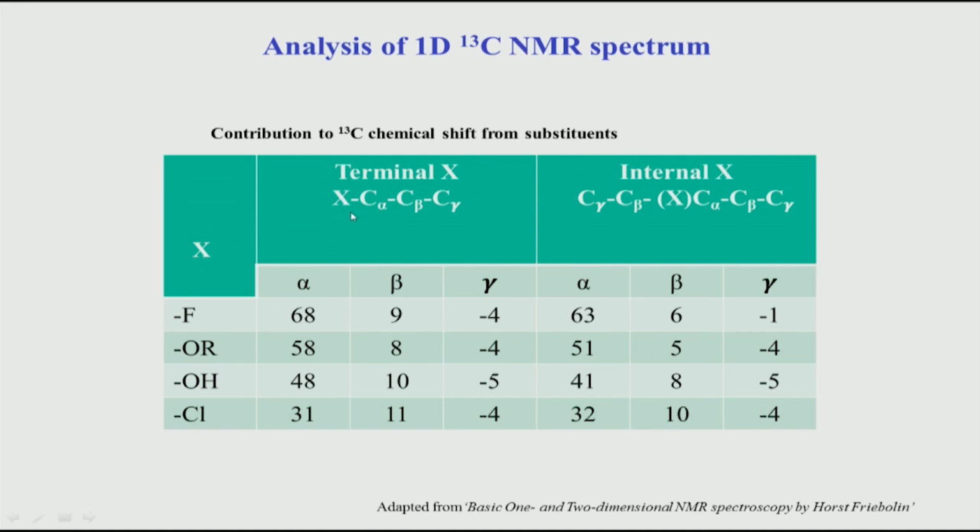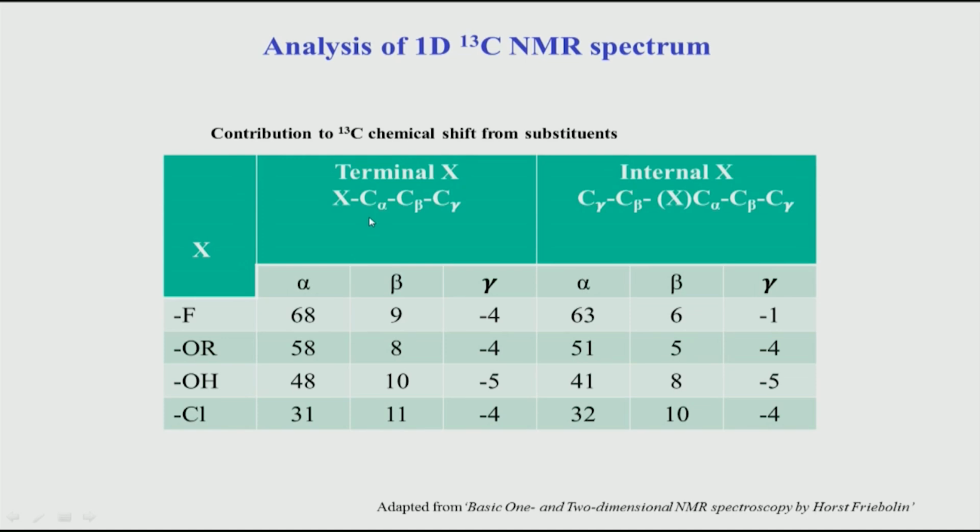What is the influence of that X on this carbon and this carbon? For that you have to look at this table. If you want the contribution of X on this C alpha, you look at this column. If the substituent is a fluorine, then you take 68 as the contribution, and you add this to the base value.